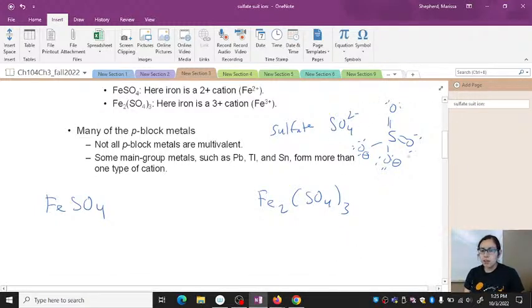This is all covalently bonded. This overall has a charge of 2 minus. So there's our 2 minus charge. Now if we're examining our formula, I'm going to just put a 2 minus here. They're in a 1-to-1 ratio. So what oxidation state must the iron be in this FeSO4 here?